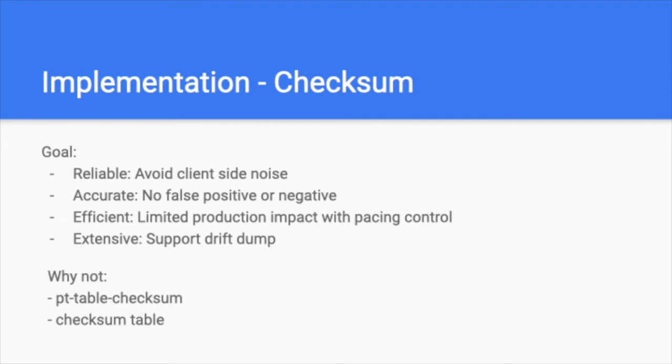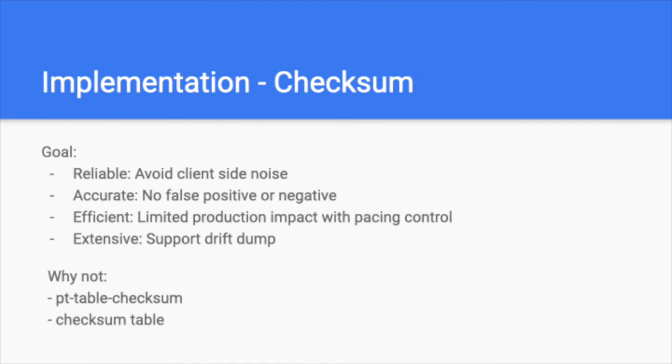For example, pt-table-checksum is replication intrusive. It also creates triggers in the replication stream and exhausts the precious replication throughput in the system. So it's not entirely read-only, while our tooling wanted to be non-replication intrusive and also purely read-only from an operational perspective.